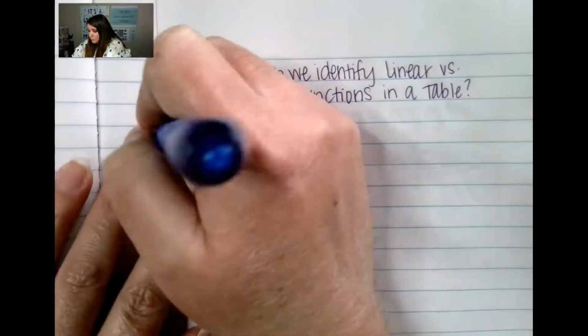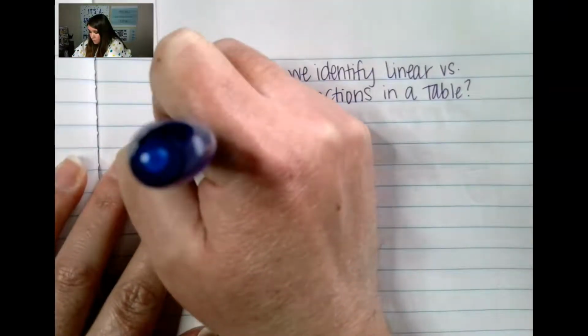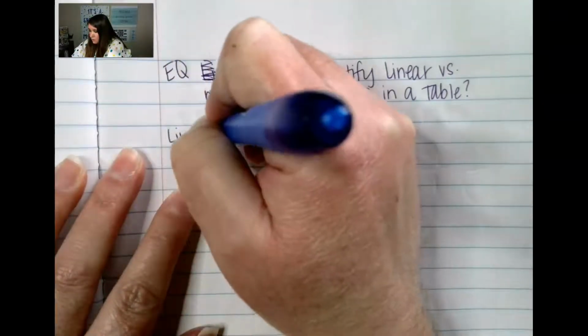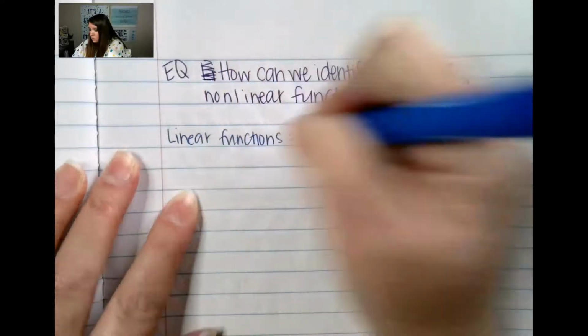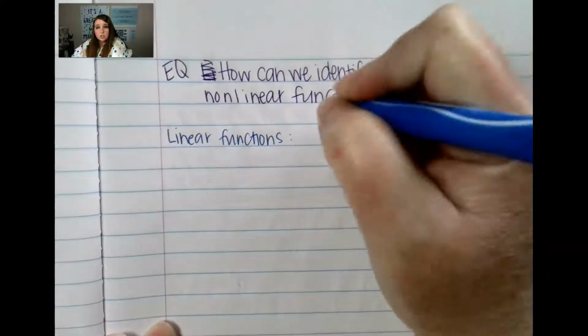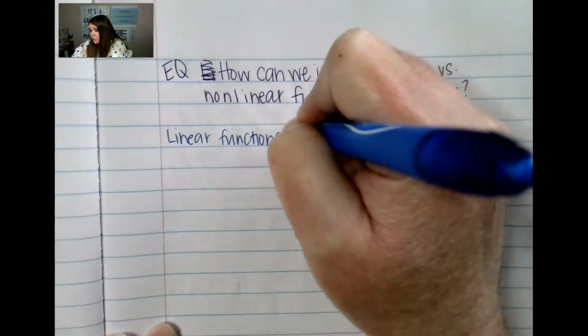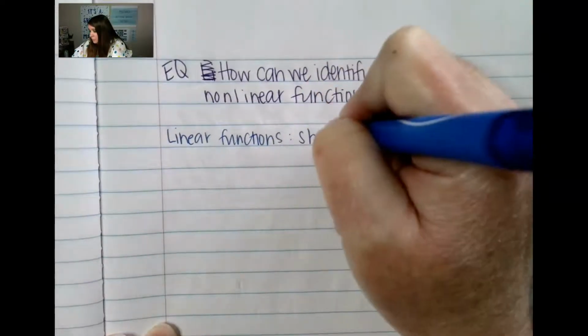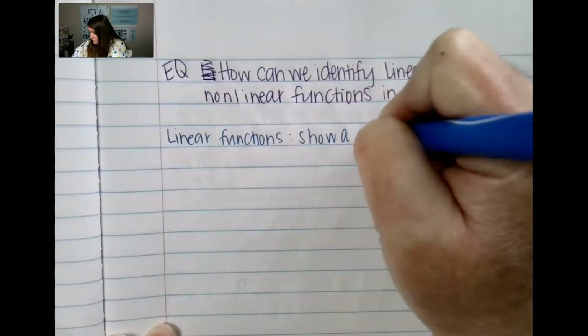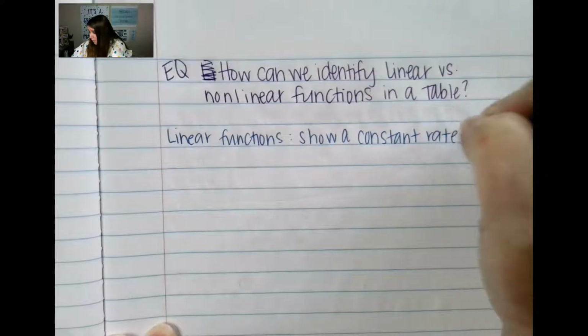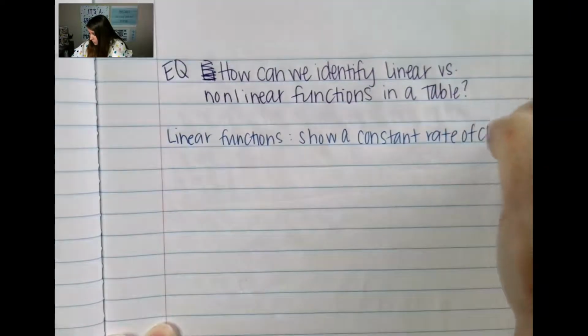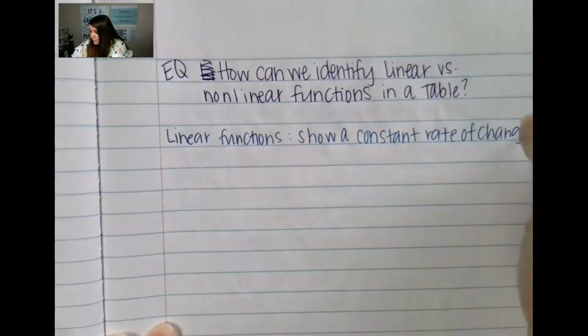So linear functions show a constant rate of change. So the slope doesn't change.